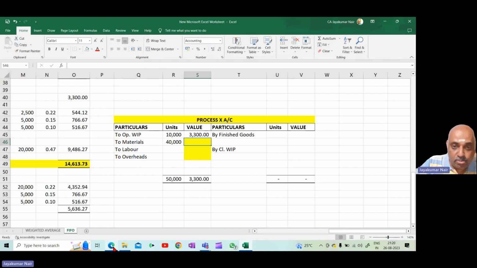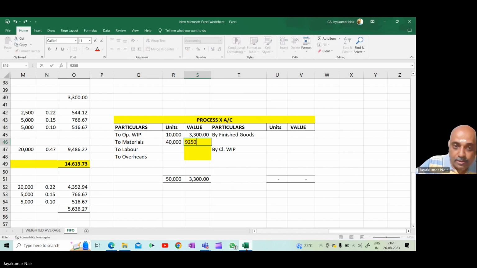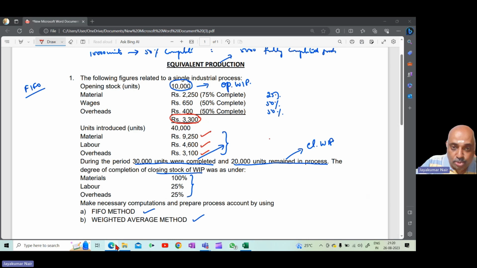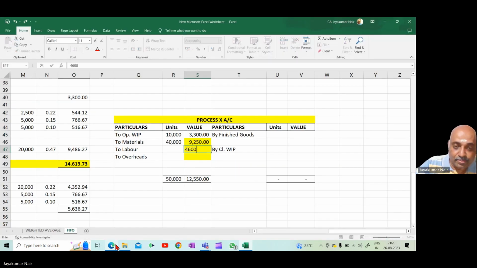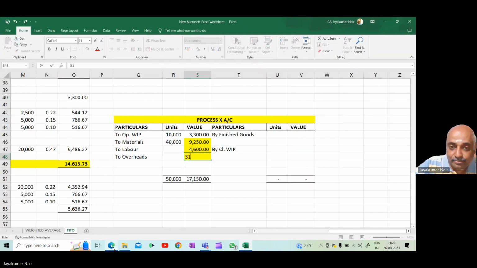And what is the value? Value of material, you can take it 9,250. Labor, how much you have incurred? It is 4,600. And overheads, how much did you incur? It is 3,100. So this is your total.